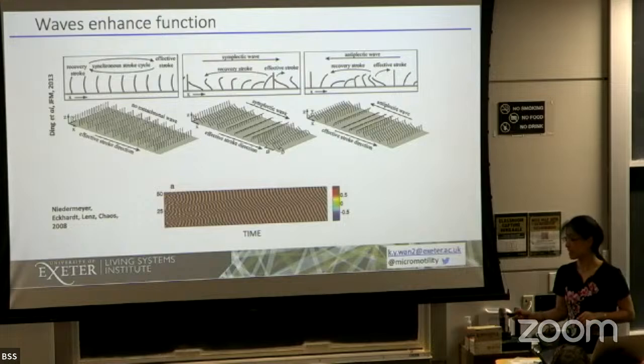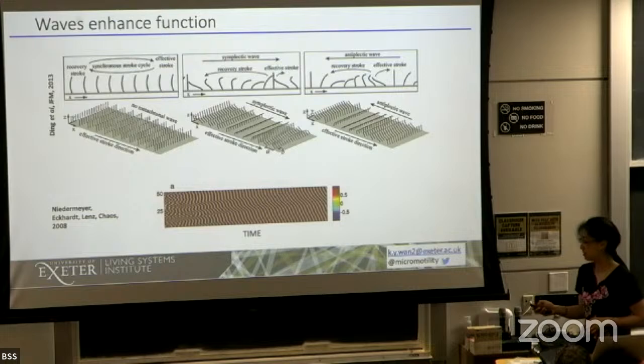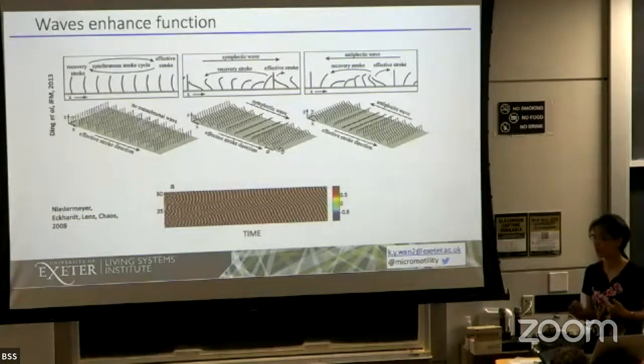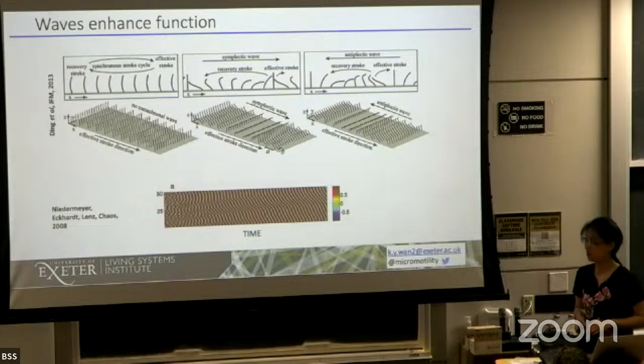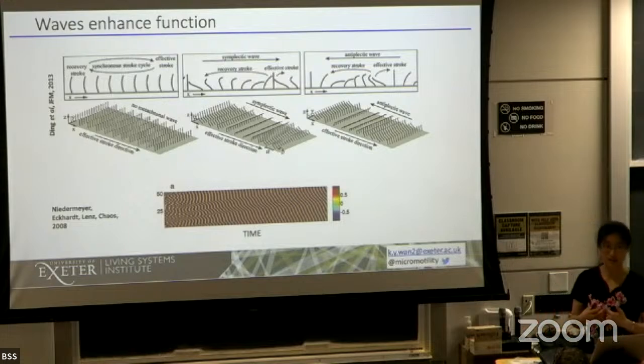So in this case, on the y-axis, you have the cilia, or the number of the oscillator, and then the color represents its phase. You start from this fully randomized configuration where all the oscillators have a different phase, and then you just set them going with hydrodynamic coupling between them.